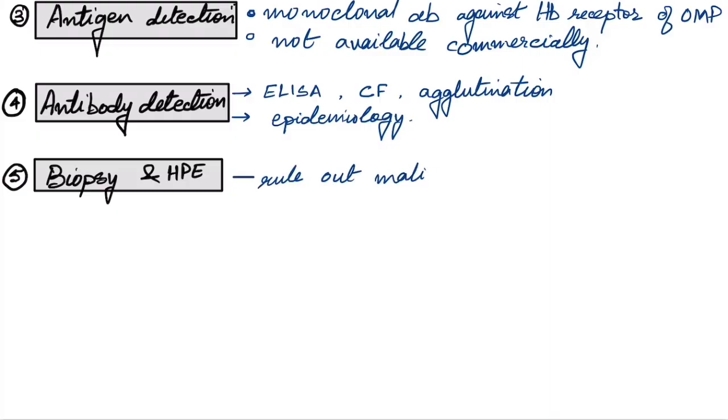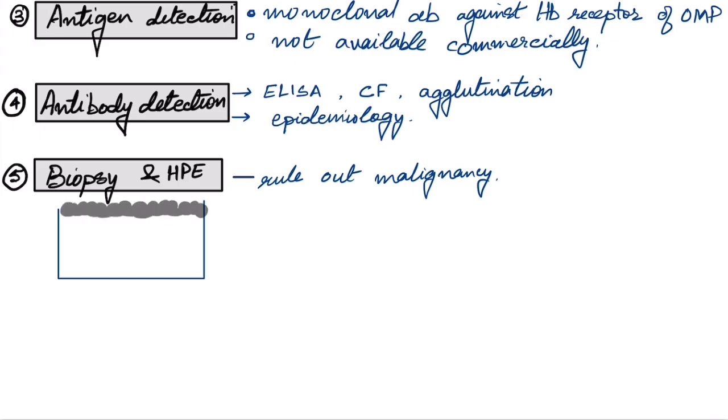In histopathology, we basically see three zones. The uppermost zone is composed of necrotic material with a lot of neutrophils in it. This is not much in thickness.